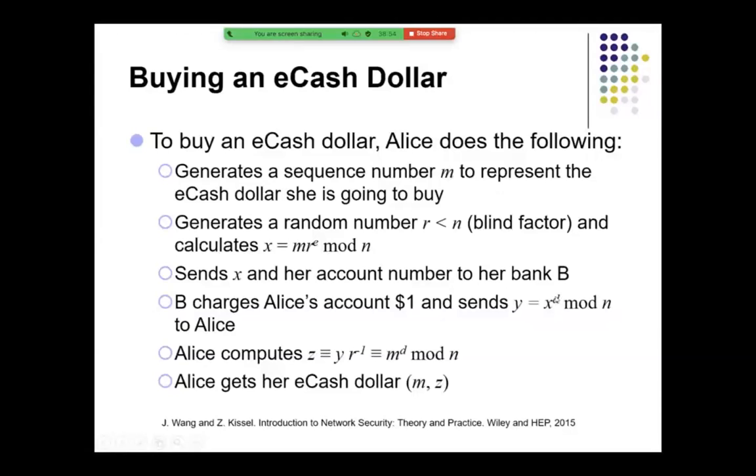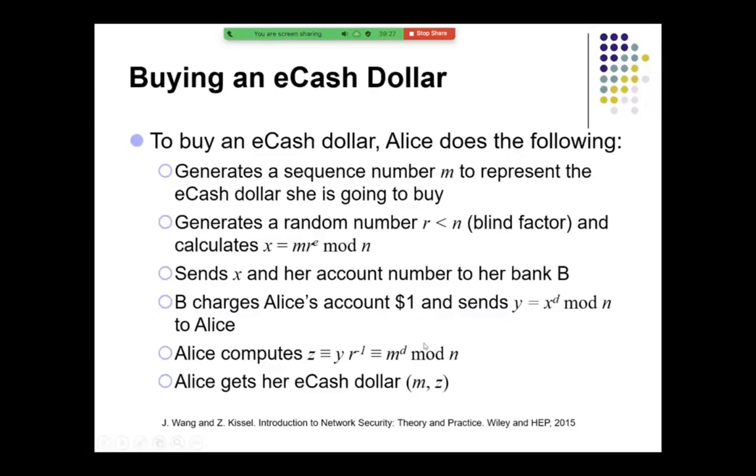This signature, we call it Y, is what Alice has. But then Alice needs to remove this R from Y. So what she does is multiply the inverse of R with Y. This is equivalent to removing R. What she gets is M to the D's power mod N.